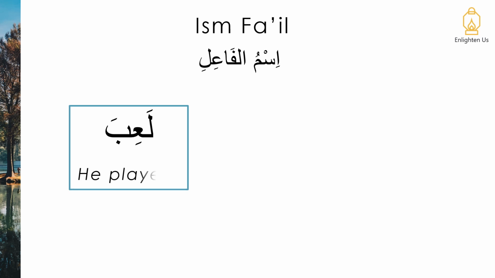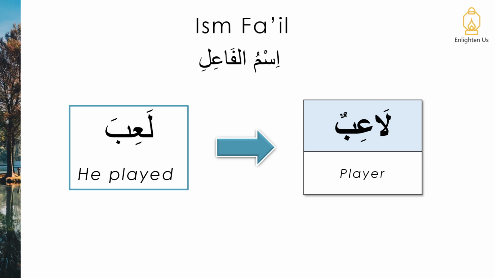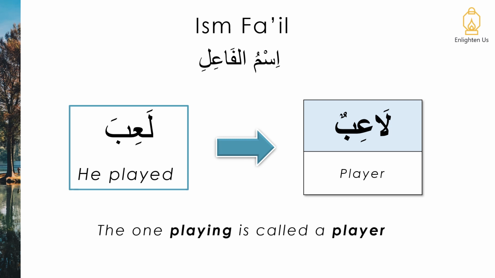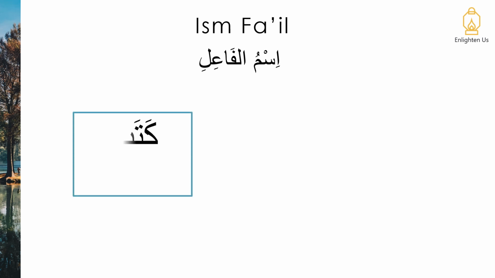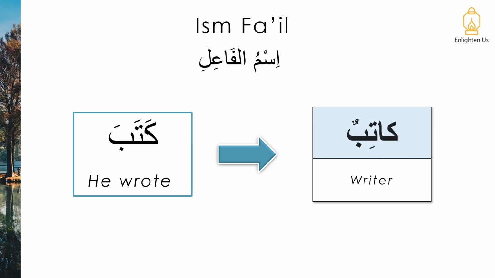So we have La'iba, he played, and we have La'ib, player. The one playing, therefore, is called a player, so the one taking the action or carrying out the action of playing. Similarly, kataba, he wrote. This is our fi'l, our verb, our past tense verb. The one who carries out this action, katib, is called a writer.